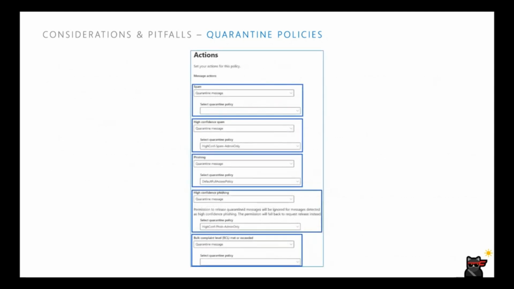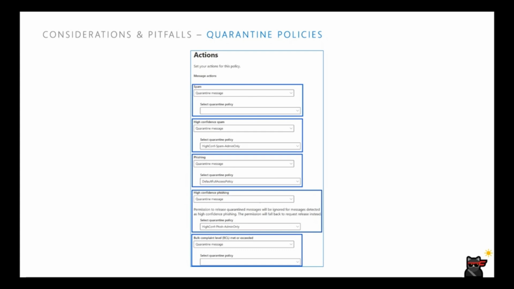You talked about creating a new policy. I think this is a picture from the anti-spam custom policy setup, where we can have the different types of quarantine policies. Yes, sir. As soon as you select quarantine message as the action, it opens up a new drop-down, so you can select the quarantine policy for those actions.